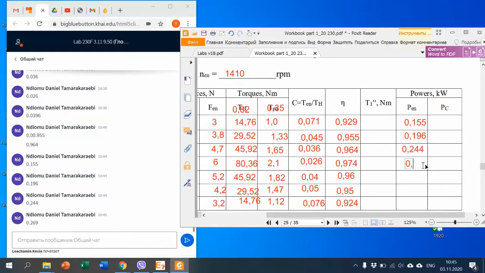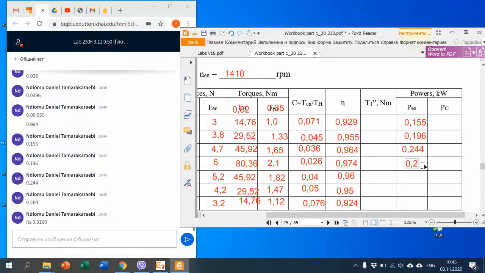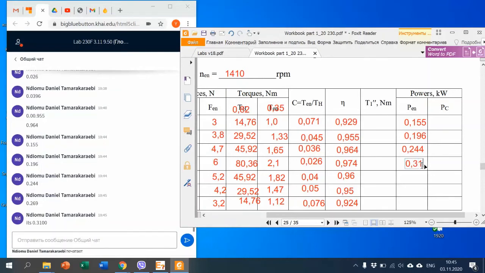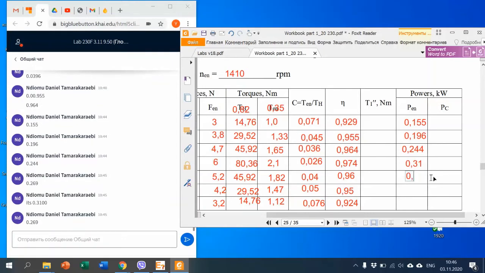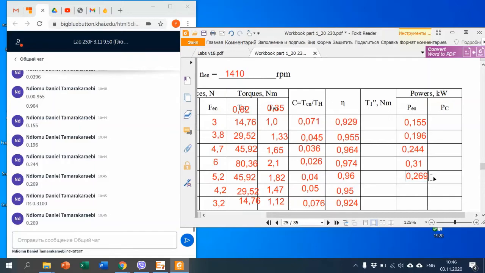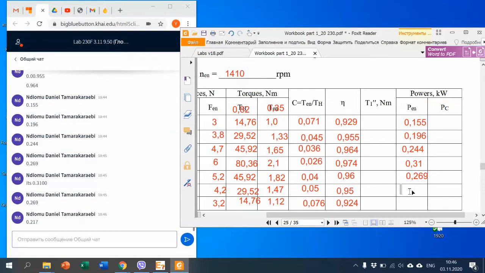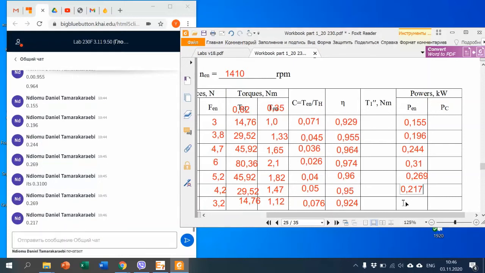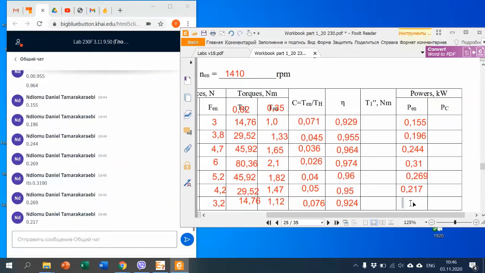It's 196. 0.310. 0.269. 0.217. Okay. 0.165.